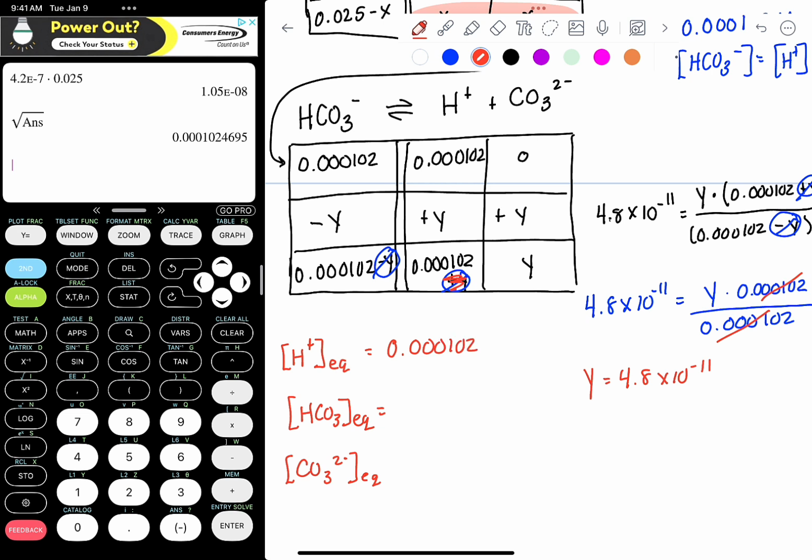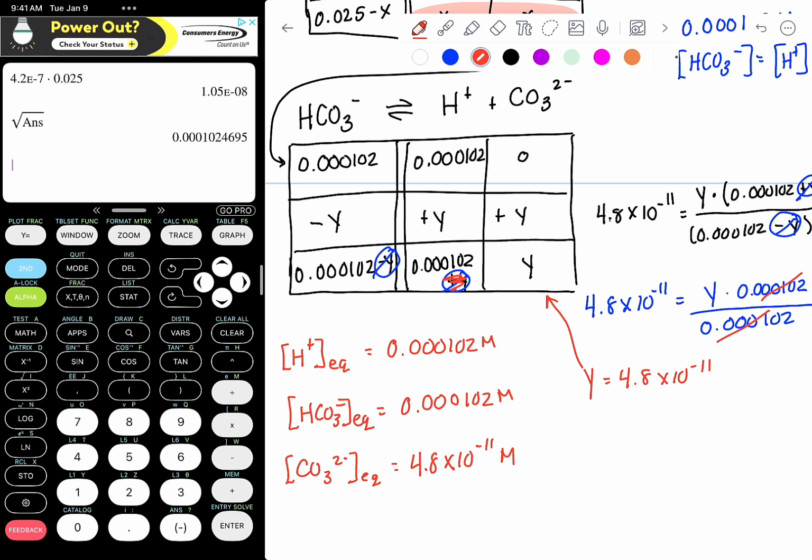The same goes for HCO3 minus, 0.000102. Those are all molars. And then for CO3 2 minus, it's equal to y, so its concentration is 4.8 times 10 to the minus 11 molar.